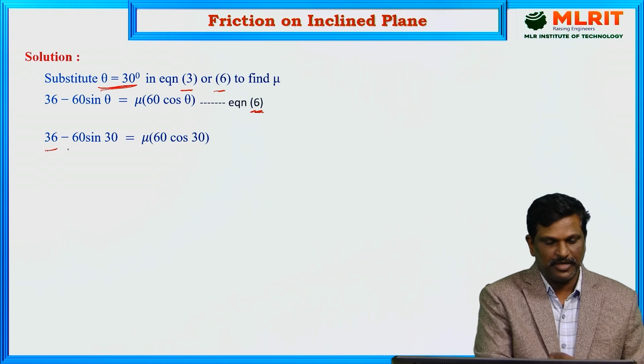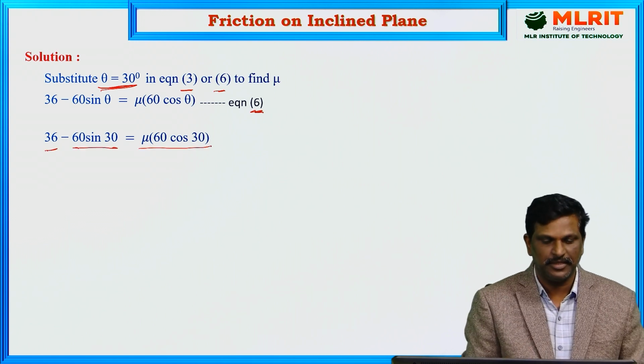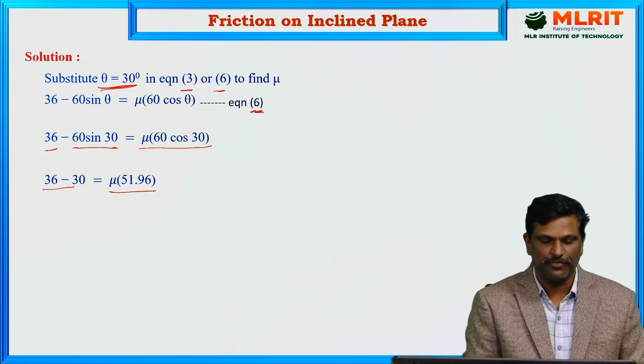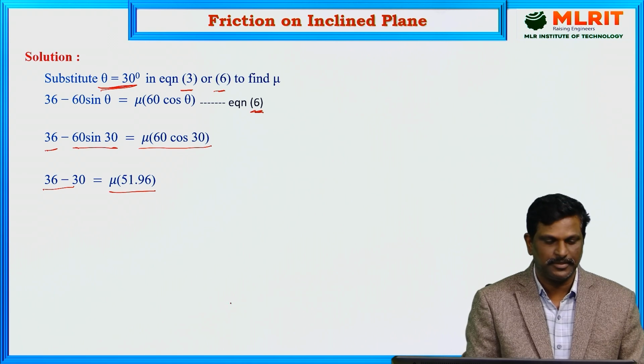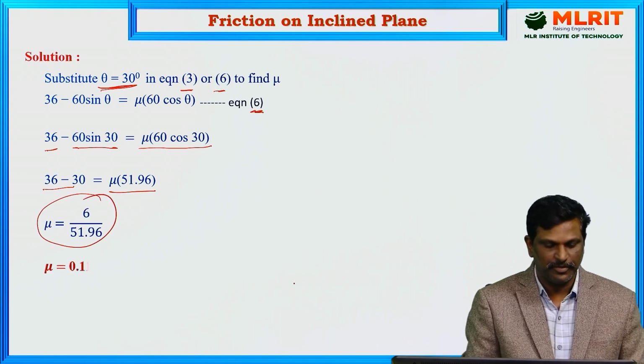So, 36 minus 60 sin 30 is equal to mu into 60 cos 30. So, 36 minus 30 is equal to mu into 51.96. 60 cos 30 value is 51.96. Therefore, mu is given by 6 divided by 51.96.